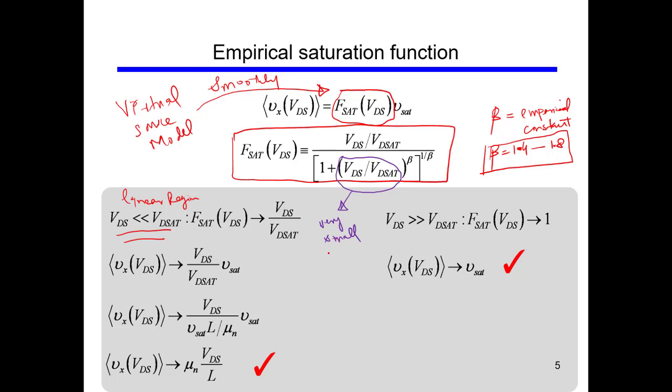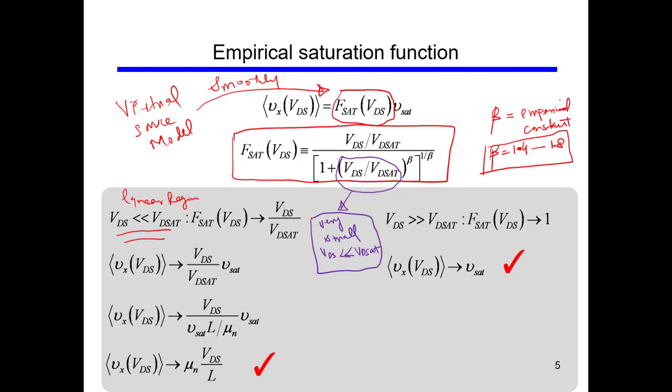When VDS is very much less than VDSET, this quantity becomes very small. You can assume it is 0.